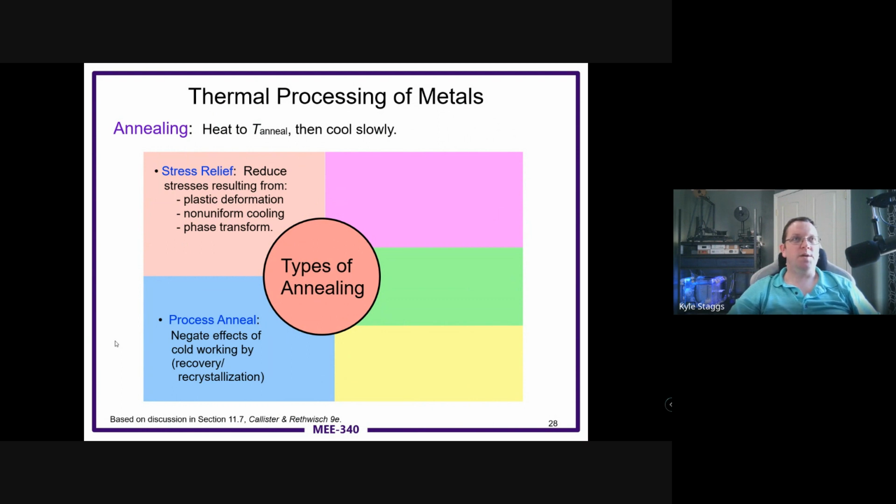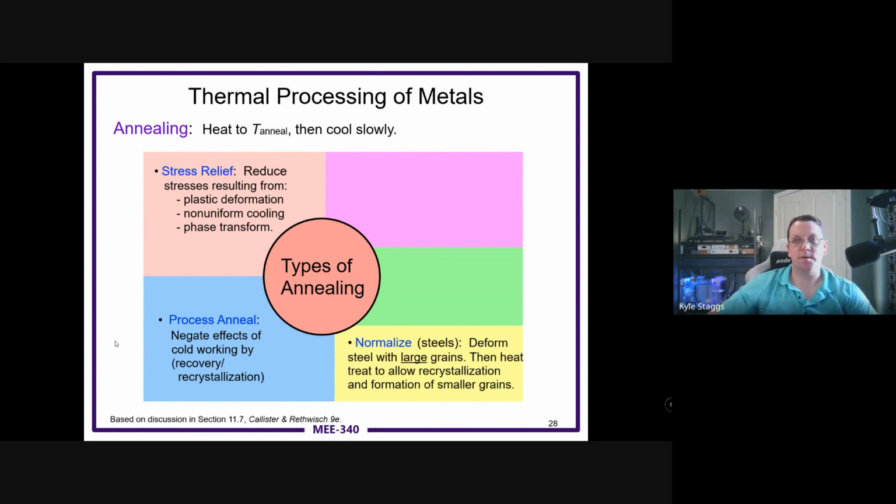So I'm trying to undo some of the stress from plastic deformation and non-uniform cooling, and then phase transforms and things of that nature, as well as normalization. So normalization of steels is important. Especially with large grains, you can then do heat treating that will allow for recrystallization down to smaller grains, which gives you some of that strength back that you need.